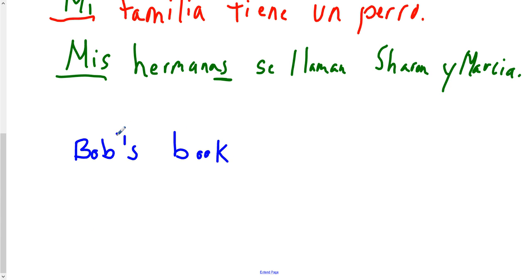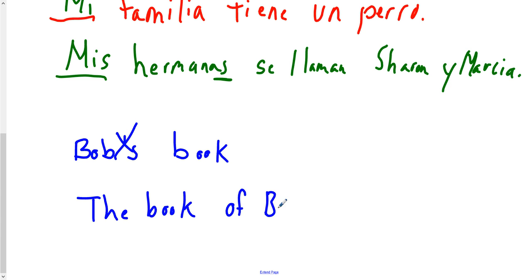In Spanish, the apostrophe does not exist. So instead, you have to say the book, or whatever the object is, of, and then the person, the book of Bob. So, el libro de Bob.